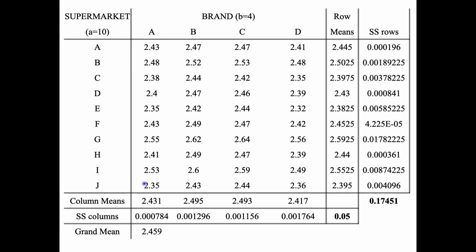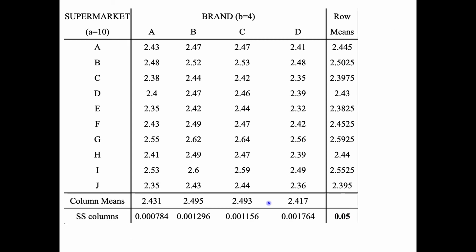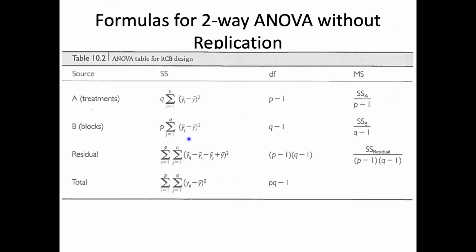So you would multiply that times 10. So if you just add these 4 numbers up, it comes to 0.005, but when you multiply times 10, this value is 0.5. And go back to the equations, and once again you see that the treatments are the treatment mean minus the grand mean squared times the number of blocks, which is Q.